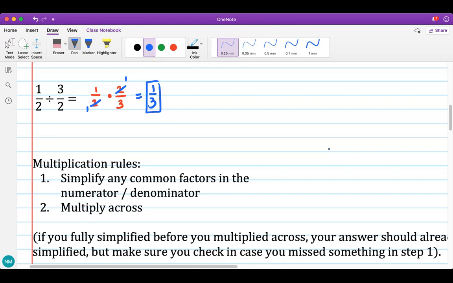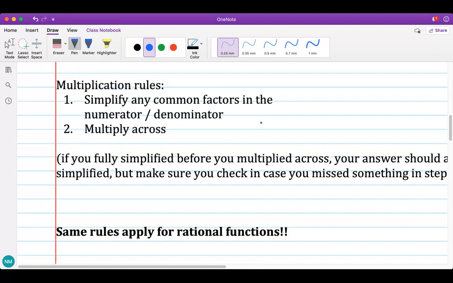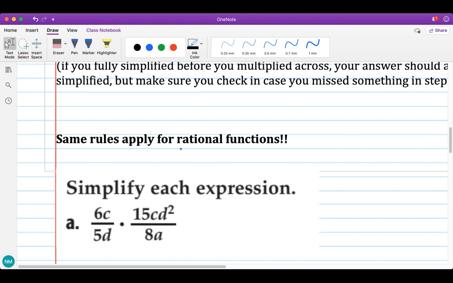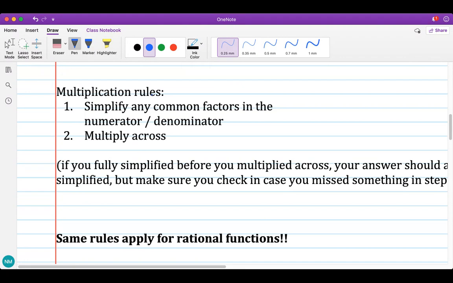Let's say you made a mistake here; you want to make sure this is fully simplified. Same rules apply for rational functions. Same exact thing. And remember, division is multiplication. You just have to flip it.